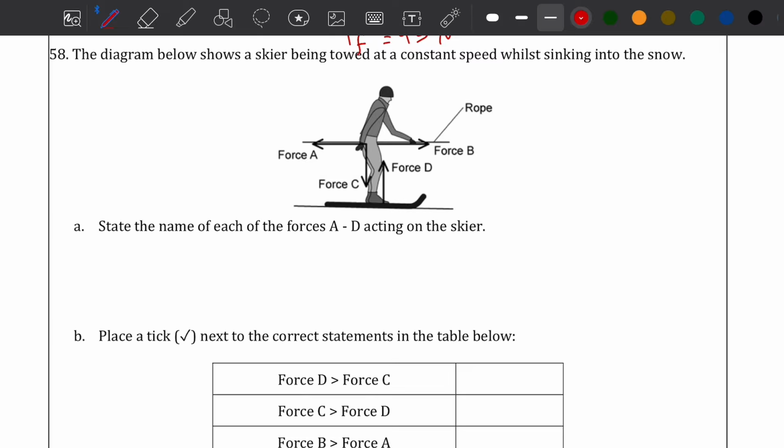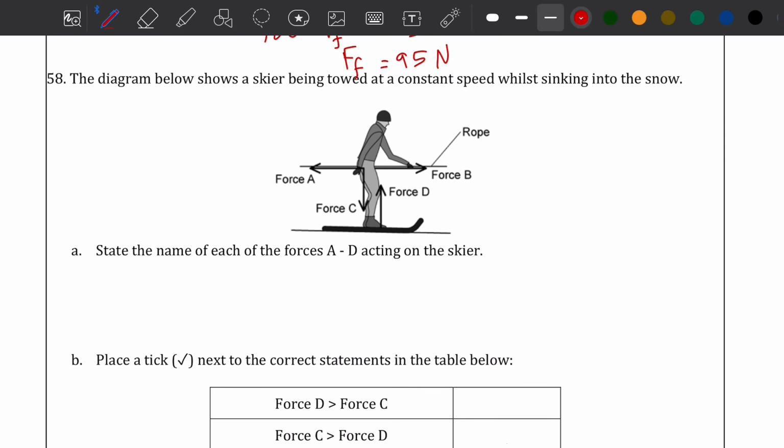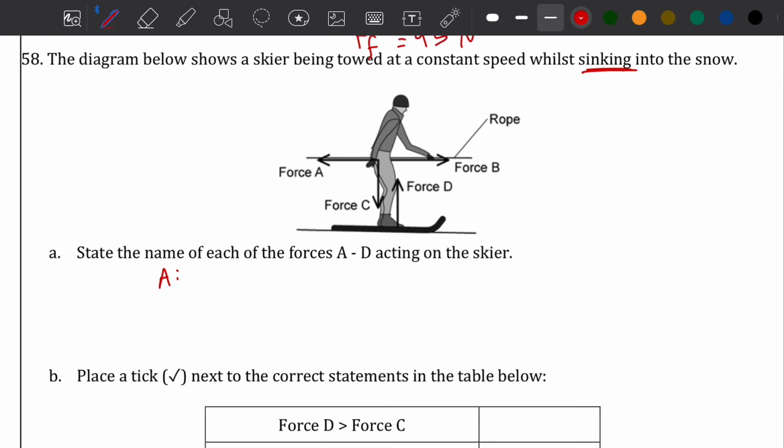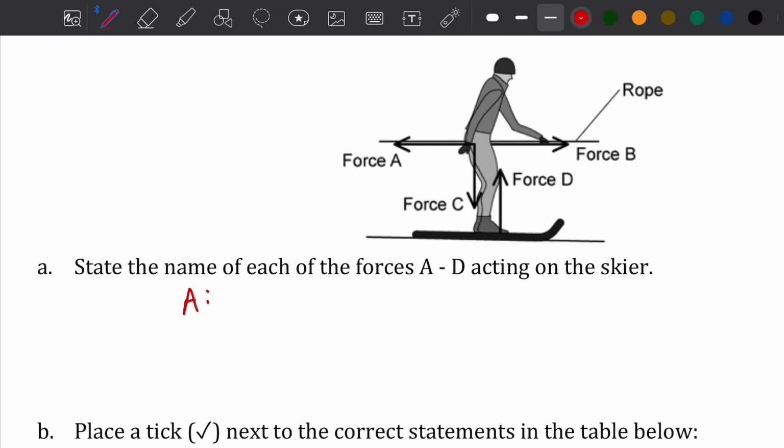Next, there's a skier who is being towed at a constant speed while sinking into the snow. So he's sinking, he's not at rest, he's sinking into the snow. This is important to note. They are just asking to label or to name the forces A to D. Force A, you can see that that is resistive force because it's acting opposite to the direction of motion of the skier.